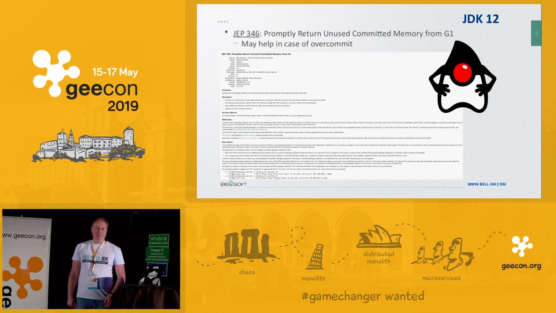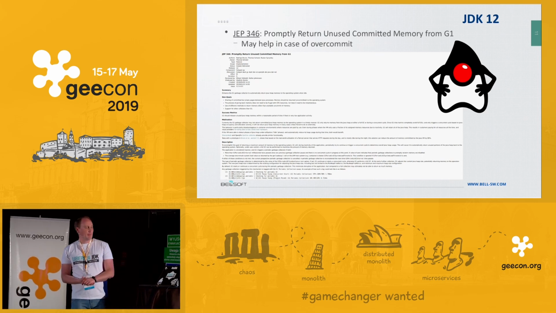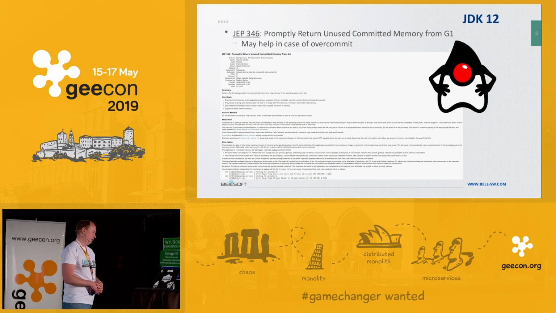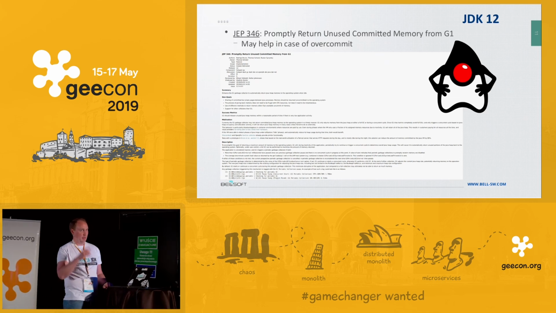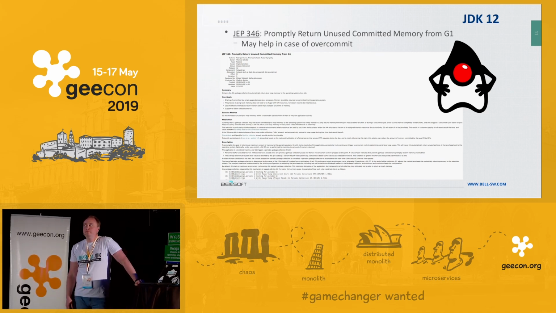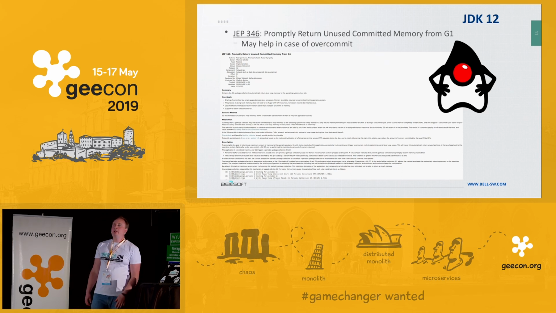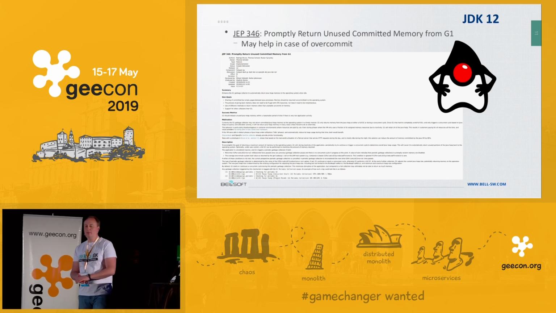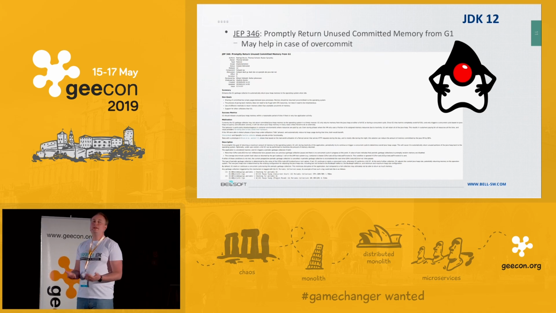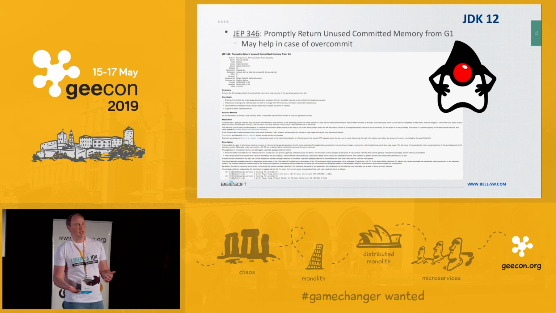But work hasn't stopped. You can see that interesting and complex features were introduced in JDK 12 and 13. For example, in 12, there's an option for G1 to return unused memory. Imagine a system where the sum of memory limits for all running containers exceeds the physically available memory.